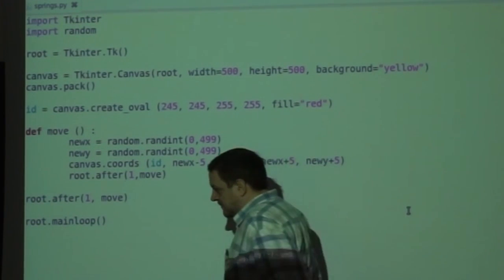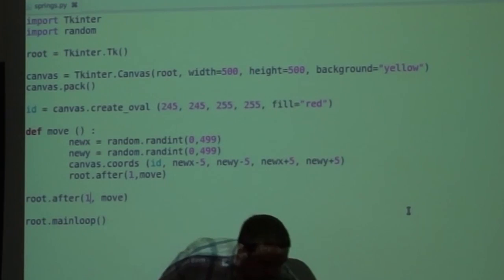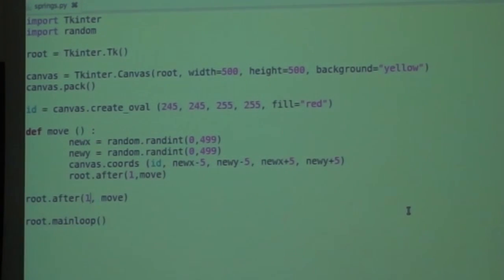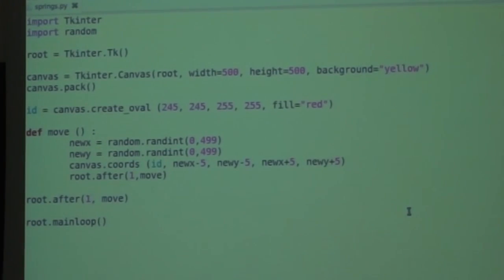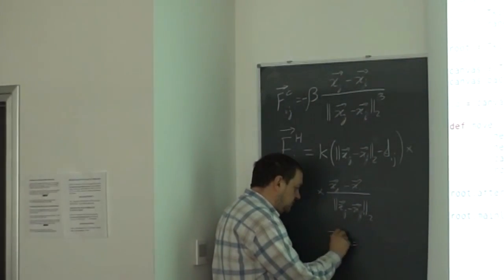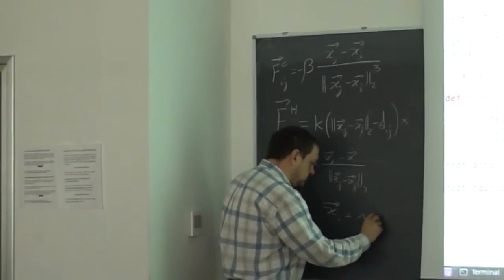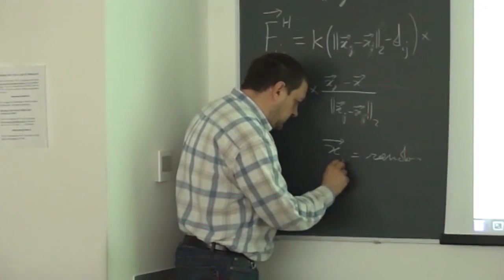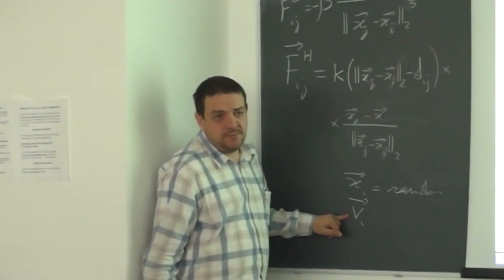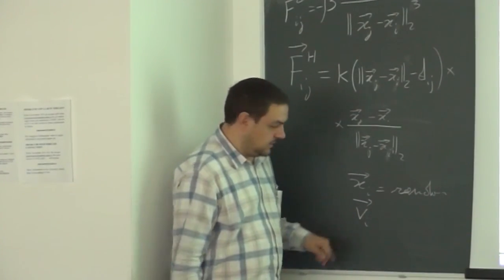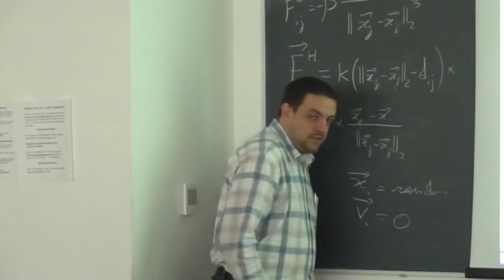So we start with our balls in random position, and you should remember we also need to keep track of the particle speeds, which will be initially 0.